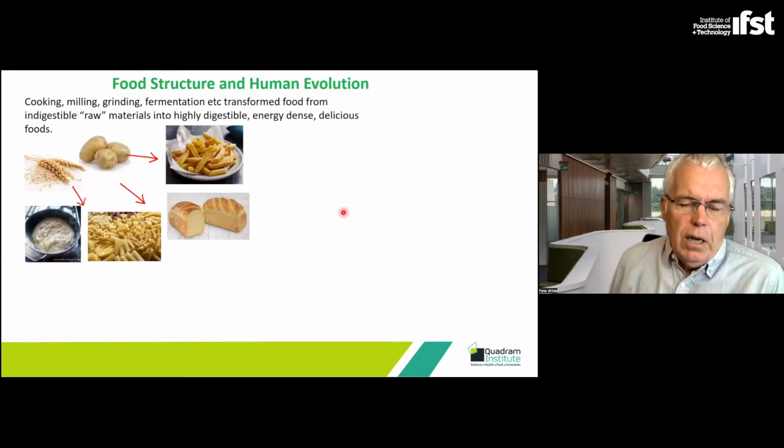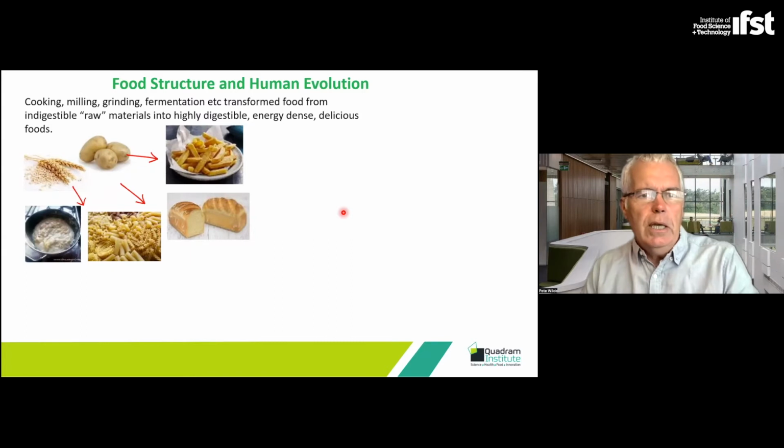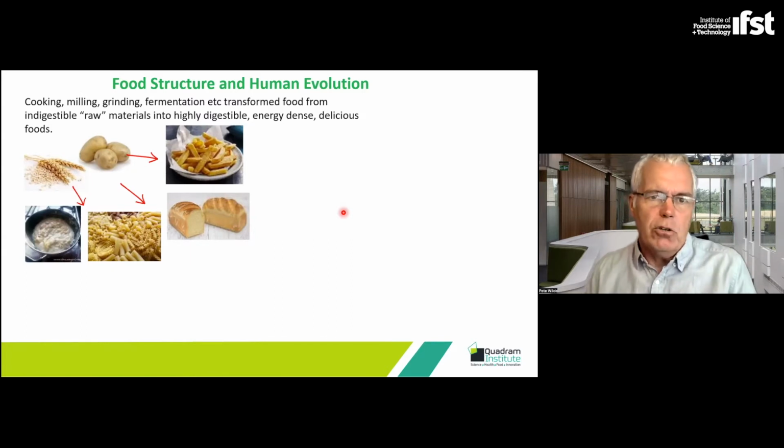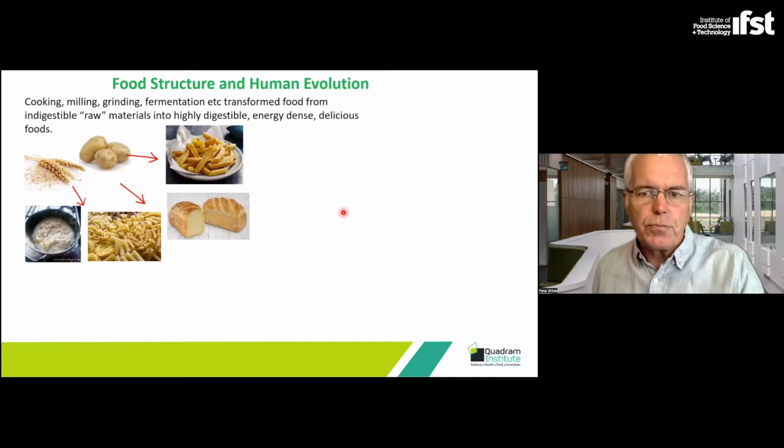Our early ancestors, once they started to transform the food that they would gather or hunt by cooking or milling or grinding, transformed those raw materials into something that's much more digestible, much more energy dense in terms of the assimilation that our body can make of the energy and the nutrients, and usually more delicious as well.